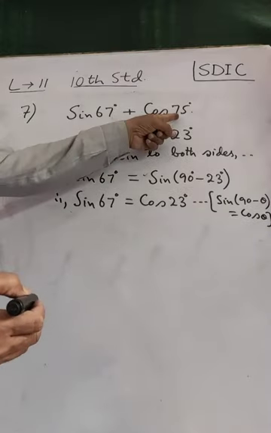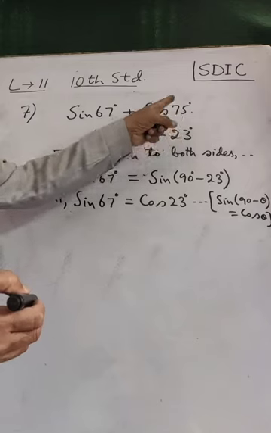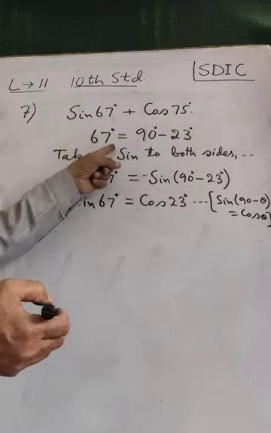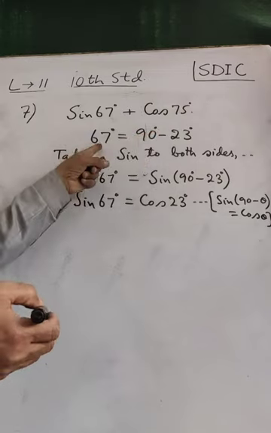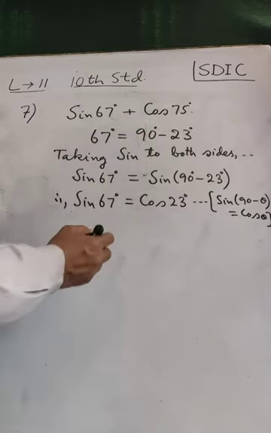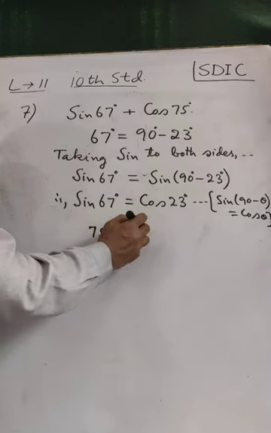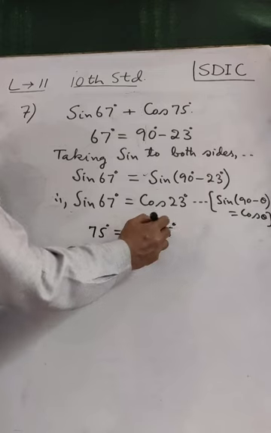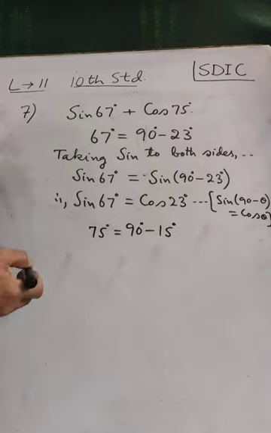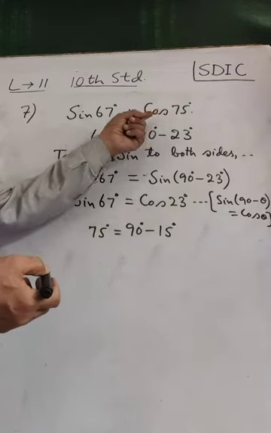Now second part, you have to use 75. What will be the complement of 75? Like here, 23 was complement of 67, 15 is complement of 75. So we'll write again 75 degrees is equal to, this time 90 minus 15, because 75 and 15 together make 90. And now which trigonometric ratio you will have to take? So look at 75. It is cos 75.